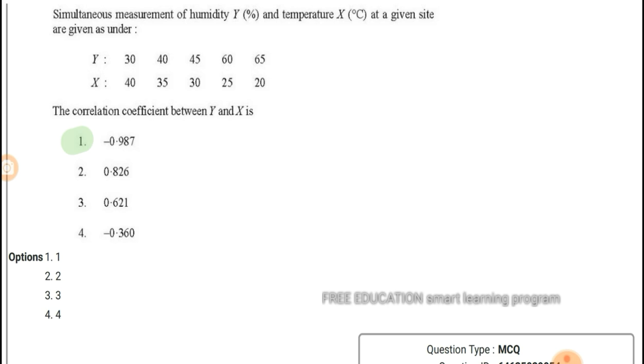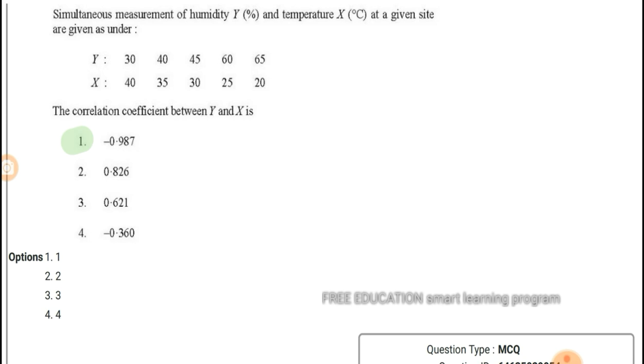So naturally we know whenever the temperature is increased, the capacity of the air to hold moisture is increased. So what happens whenever temperature is increased? Whenever the temperature is increased, humidity level is decreased, or in another sense we can say that whenever humidity is increased, temperature is reduced.